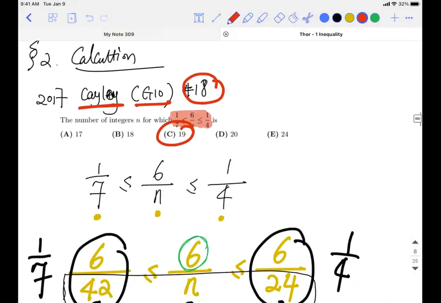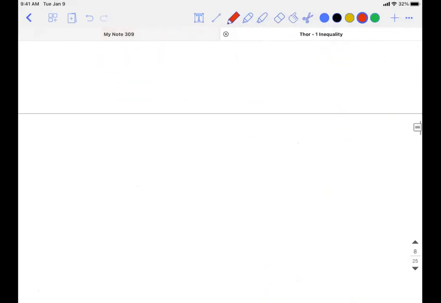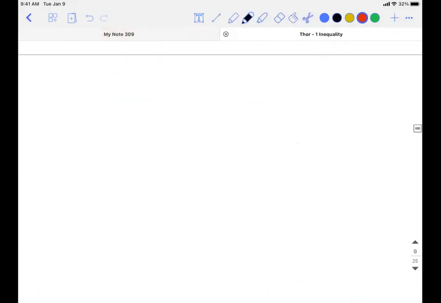Let's go for one relatively difficult problem. This is actually a problem from the 2005 Chinese Junior Math League.